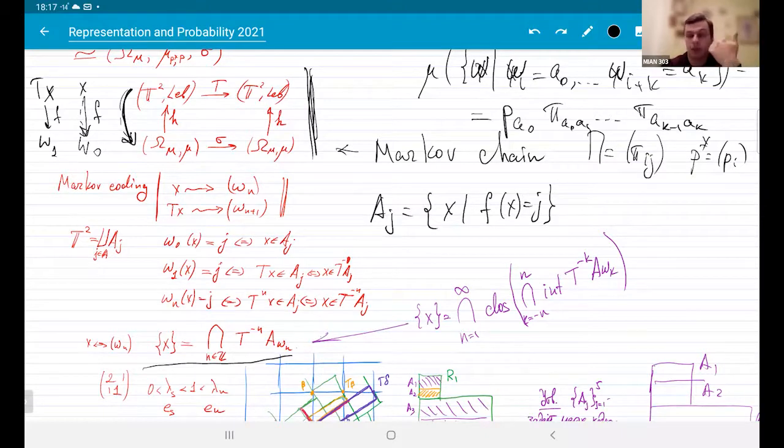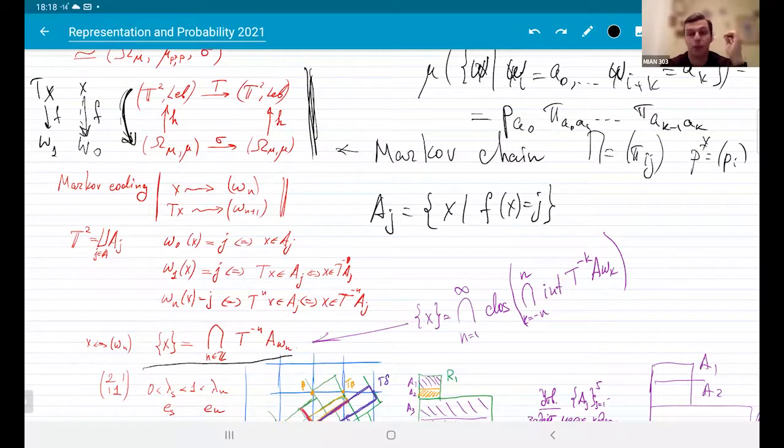We can have some sequence omega n, then we consider this intersection, and it is empty. This is a problem. Another case, which is also not so good, is when this intersection contains two or more points. So we have to prove that if we choose AJs wisely, then these problems will disappear.